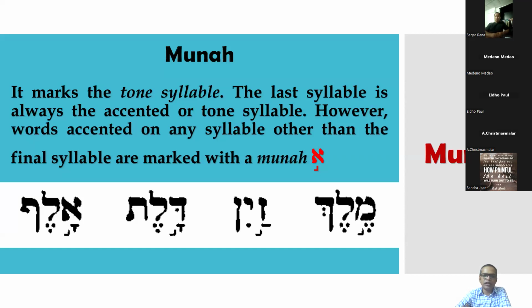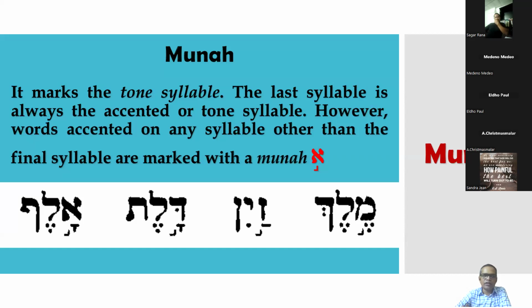Okay, so this munna you will see whenever you read the text. If you keep in mind the purpose and function of munna, then when we read the text, we will be able to understand. The other examples: zayin, zayin.